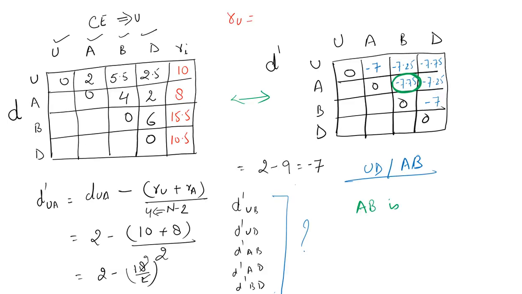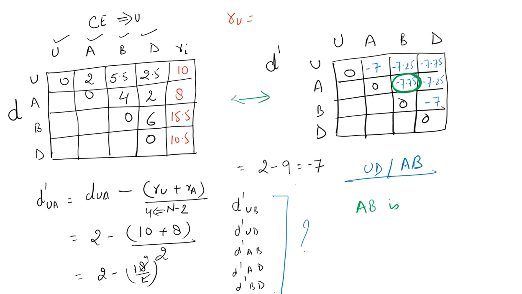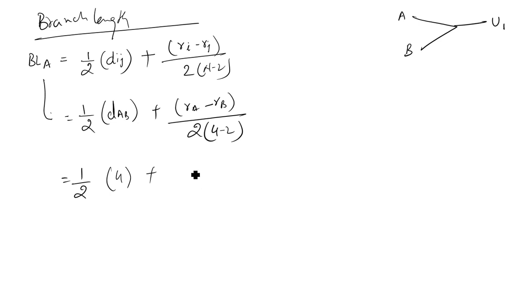So 1 by 2 DAB, what is the value of AB? AB value is 4. So DAB is 4 plus RA minus RB. RA is 8, RB is 15.5. It's 8 minus 15.5 divided by 4 minus 2, 2 twos are 4. So 1 by 2 times (4 plus 8 minus 15.5), and here it is divided by 4.